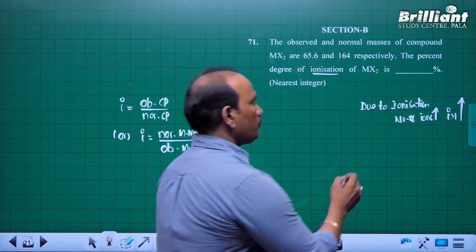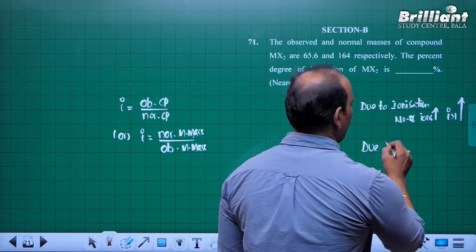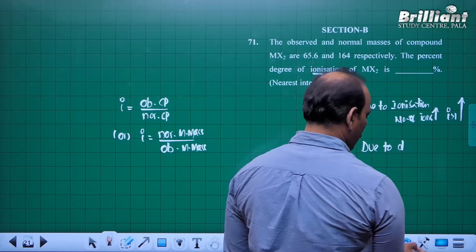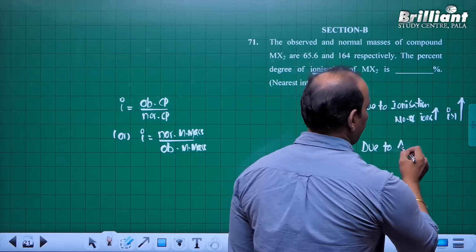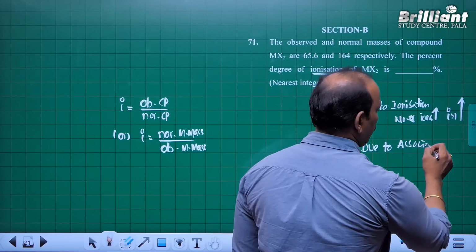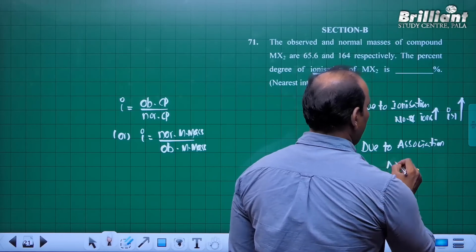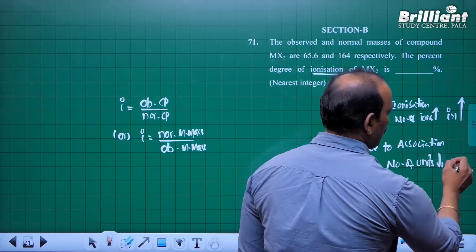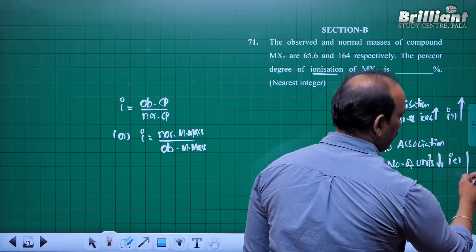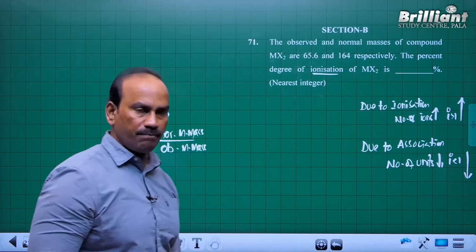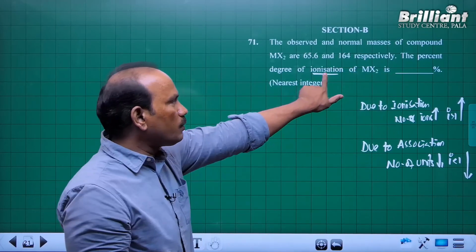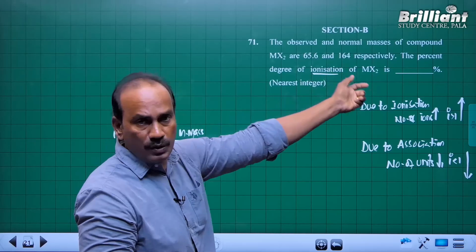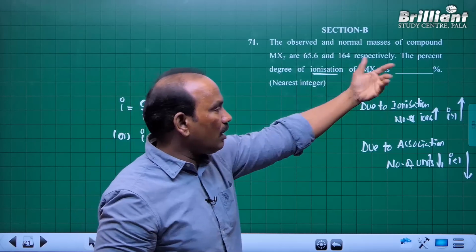Clear? Due to association, the number of units decreases, so i is less than 1. That's why this is association and this is ionization. The i value is always higher than 1 for ionization.